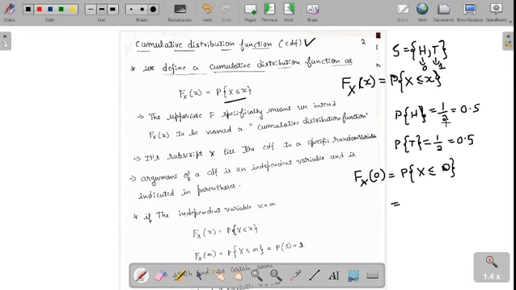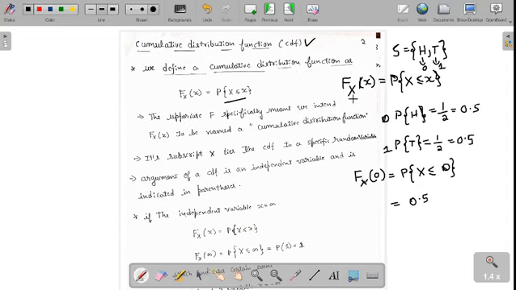The probability of H means the probability of 0. This is the probability of 0 and this is the probability of 1. The probability of 0 is 0.5, so this is 0.5.